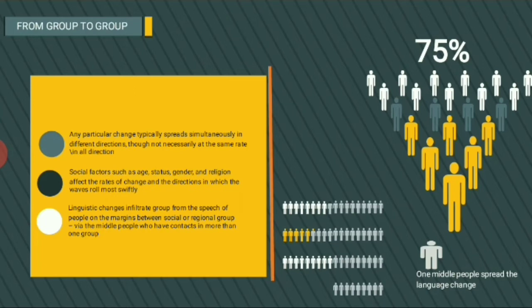Social factors such as age, status, gender, and religion affect the rates of change and the direction in which the waves roll most swiftly. So, how communication runs in the community and in society is also a factor of language change. For example, from the age.